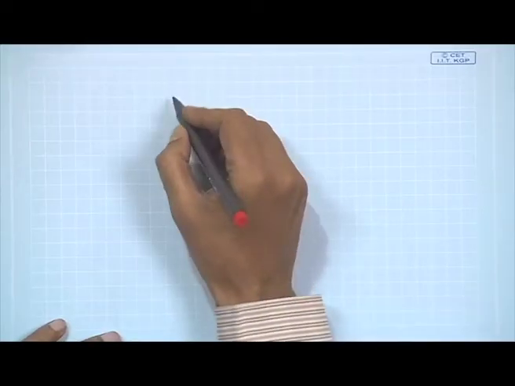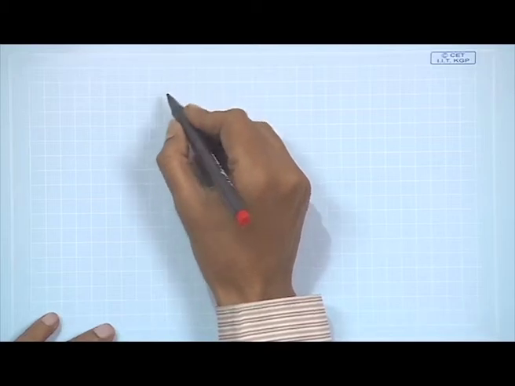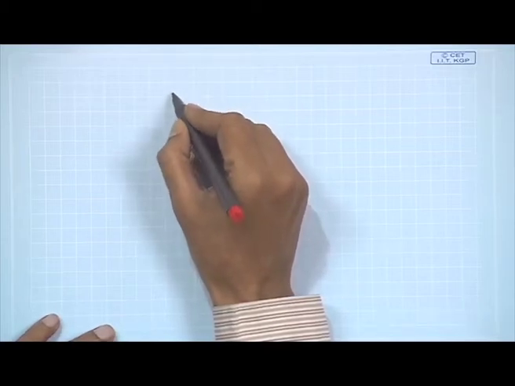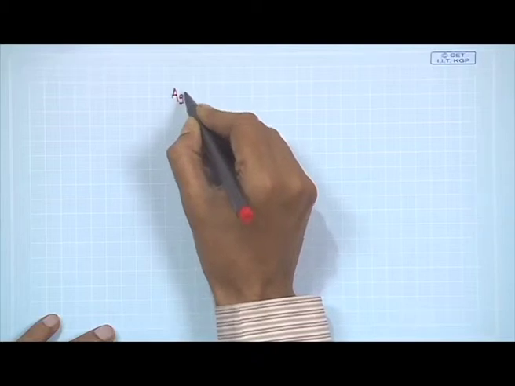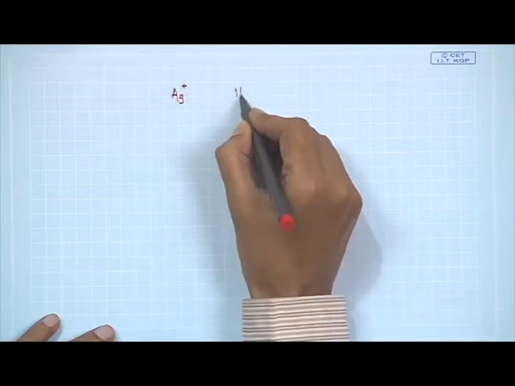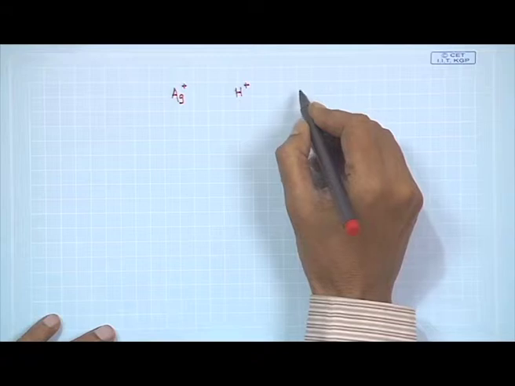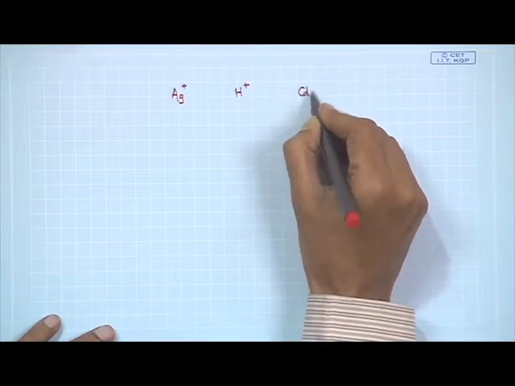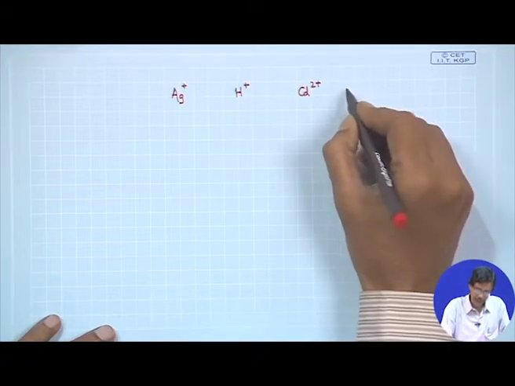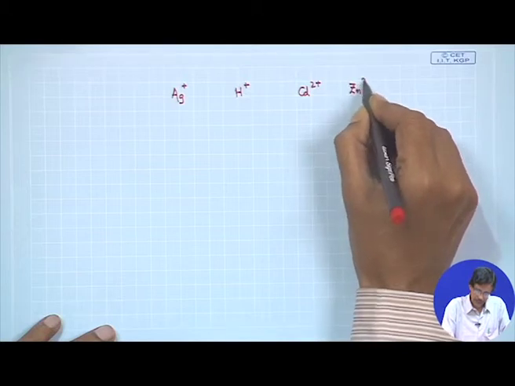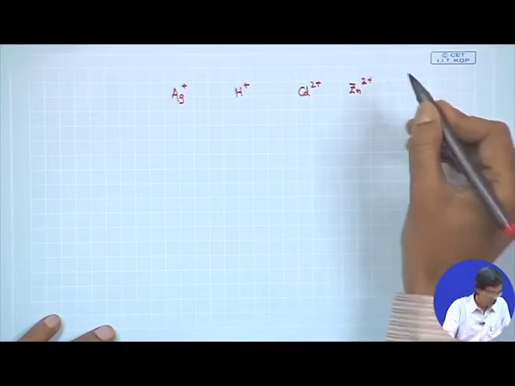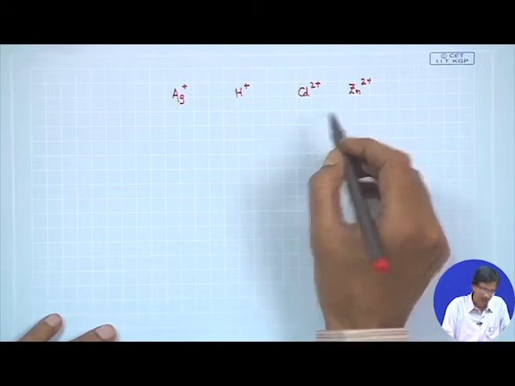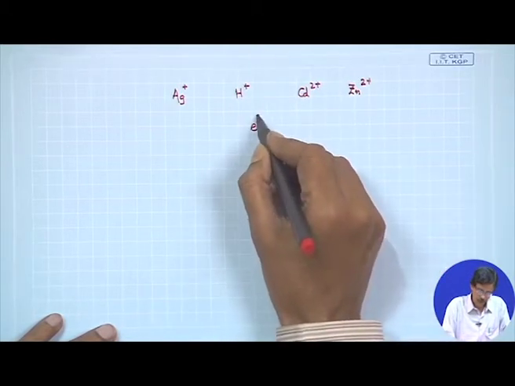Good morning and welcome, everyone. We are talking about the corresponding electrochemical methods. In our previous class we saw that several species, such as silver ion, proton, and the dicationic metal ions like cadmium and zinc 2 plus, were compared for their affinity for electrons.